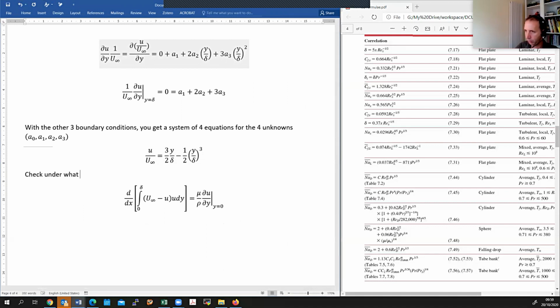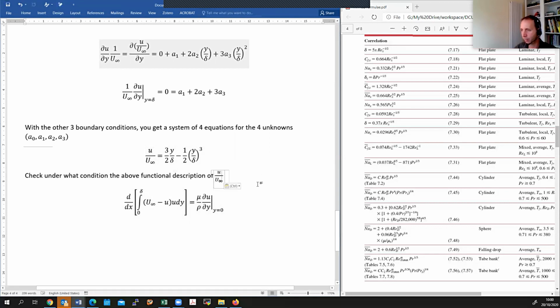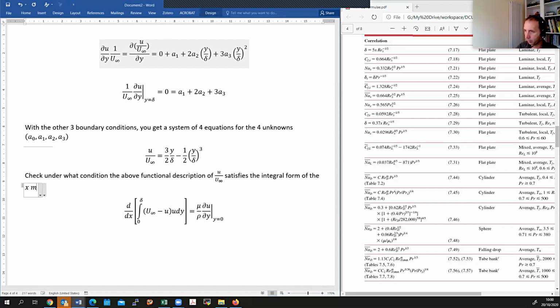is under what condition the above functional description of u, because we use a function of y over delta to define u, satisfies the integral form of the x momentum equation, which is recopied down here.